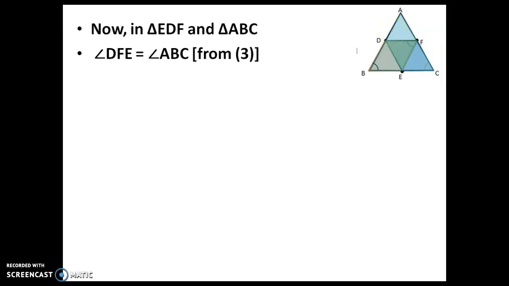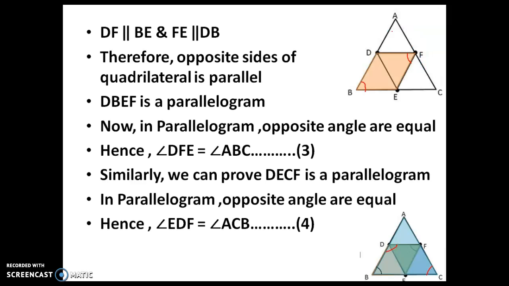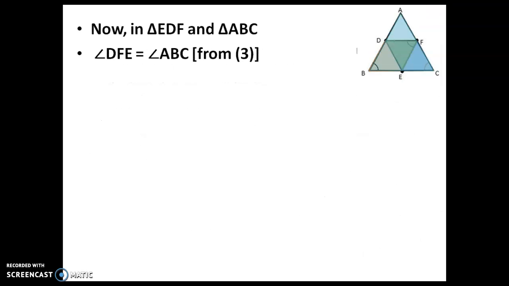Angle DFE is equal to ABC from 3. So 3 is here. By this we are getting DFE is equal to ABC.